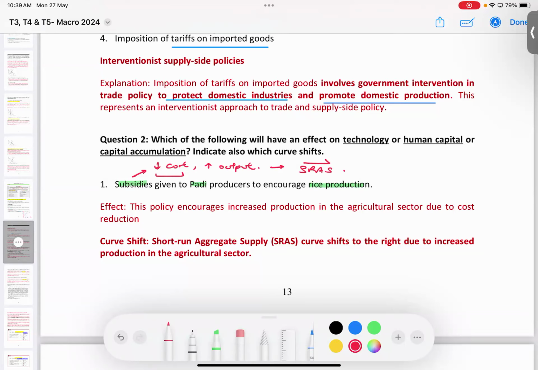Yes, it's still shifting the supply curve, but only SAS, not the LAS. So subsidies do not fit into the category of increasing human capital or physical capital or technological advancement. No. For subsidy, it merely affects the price of inputs, the cost of production. So it only shifts the SRAS curve, not LRAS.